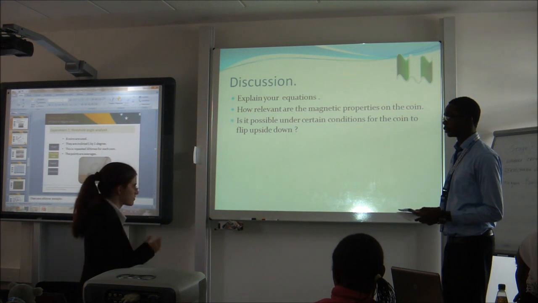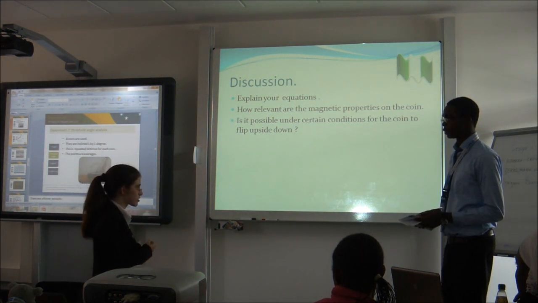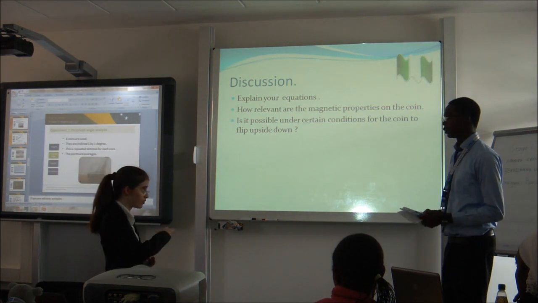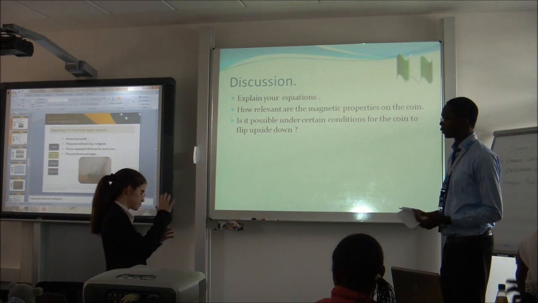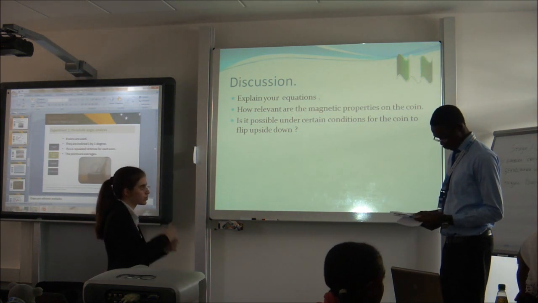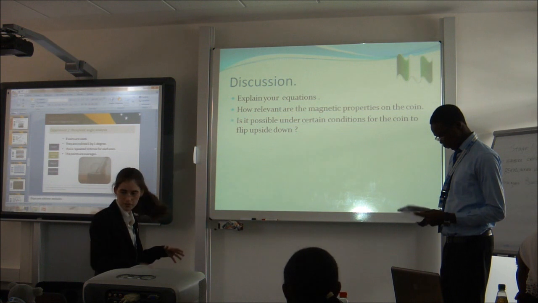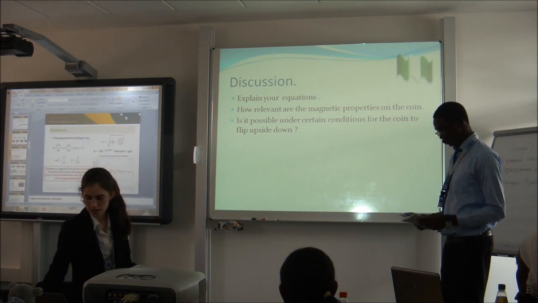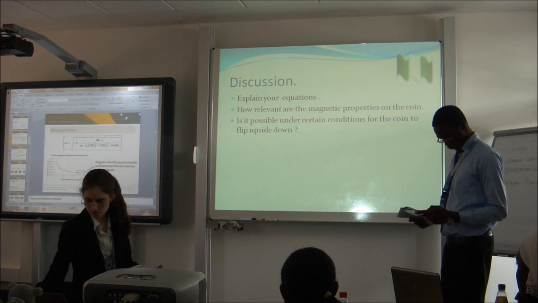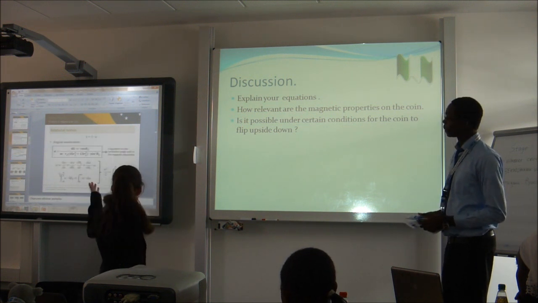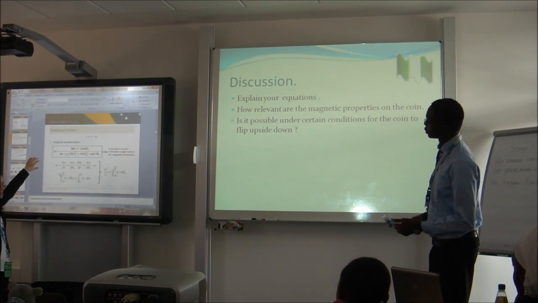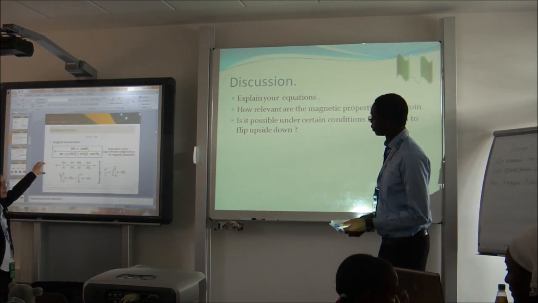Of course, it would affect the motion of the coin, but as we showed with our mathematical model, it's a good approximation to use the dimensions of the coin to define the threshold angle for the falling motion or the reverting motion. But the magnetic force is really important for the motion of the coin, as we showed by our angular acceleration expression, and this constant C here implies the magnetic properties of the coin.